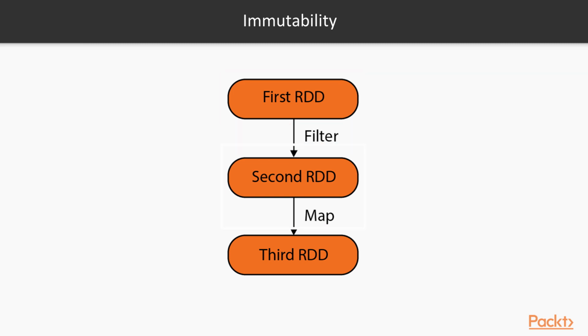Then we want to do some mapping on that second RDD. That mapping operation will create a third RDD that is pointing to its parent, the second RDD. And we can see that every transformation that we applied didn't change the source RDD, because every RDD is immutable.